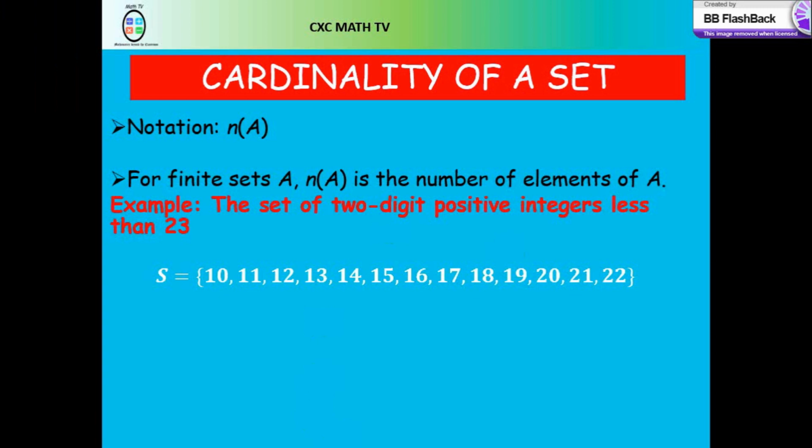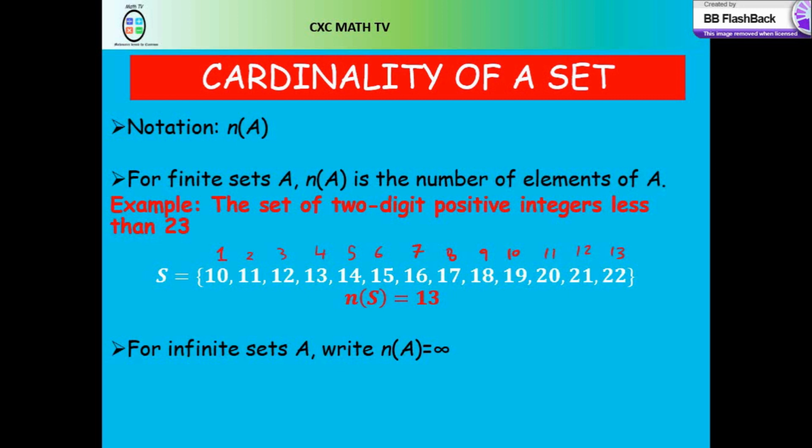We have 10 is 1, 11 is 2, and so forth. So in counting them, we have 1, 2, 3, 4, 5, 6, 7, 8, 9, 10, 11, 12, 13. In that case, we say that the number of elements in the set is 13.